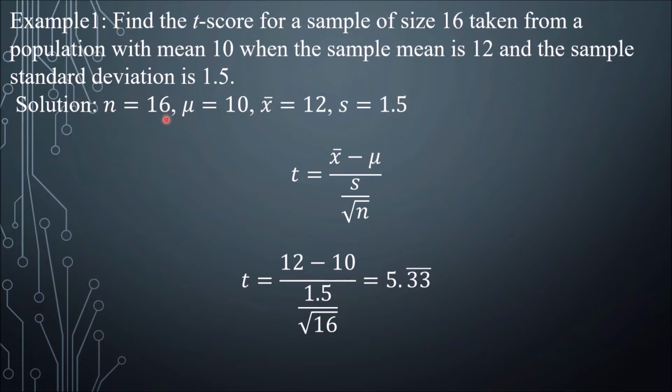So n is equal to 16, mu, the population mean, is equal to 10, the sample mean is 12, and the sample standard deviation is 1.5. Now, using this formula from sample mean to t-score, the t-score is equal to 5.33. So meaning to say, if the sample mean is 12, the t-score is 5.33.